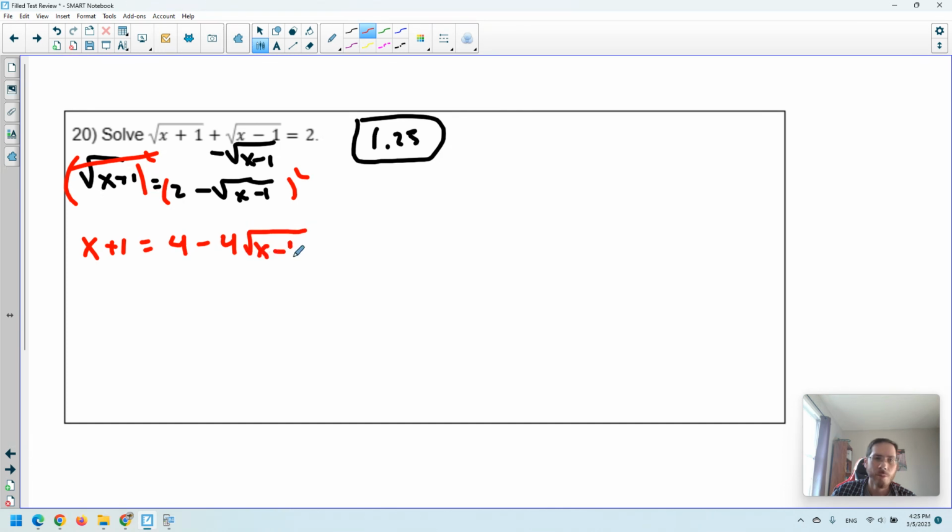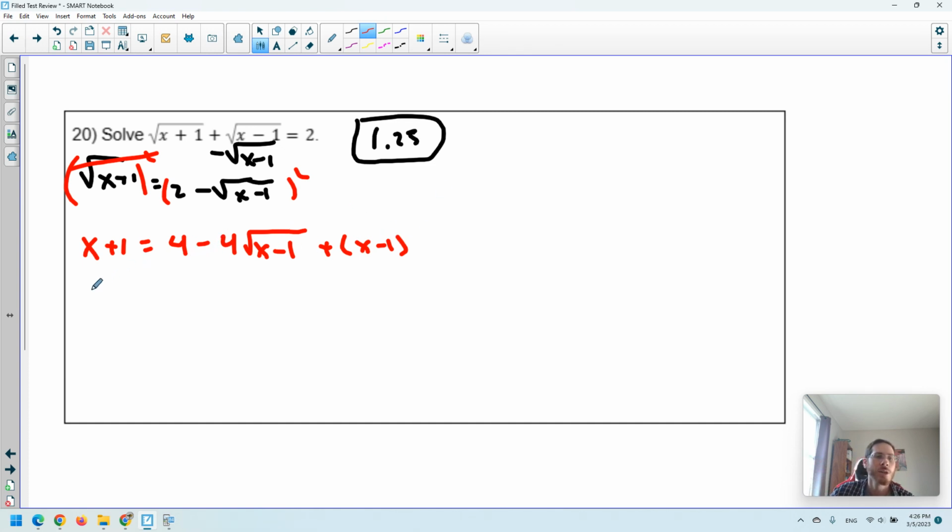Square root x minus 1 plus, and then I'm going to have this inside piece. So x minus 1. So this isn't looking too crazy, but it is looking a little bit longer than any of their problems. So let's go ahead and do the next thing, which is to get everything away from that radical, because we need to get that radical by itself, because we're going to have to go through the whole process twice.